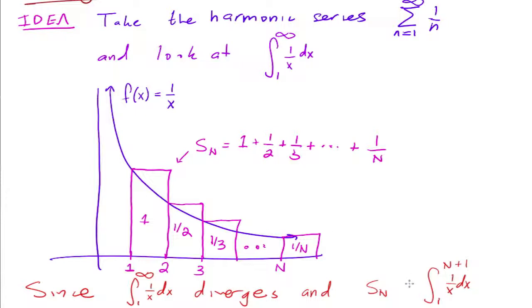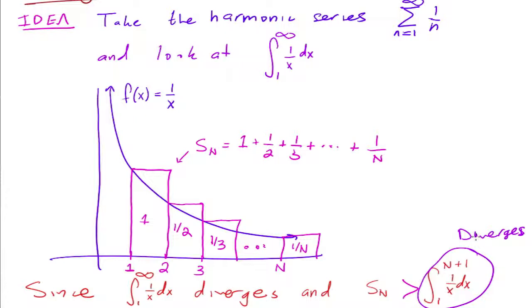So this one right here diverges, I already know that, as n goes to infinity. So then the other one that's greater than that, what has to happen with that one? Yeah, it has to diverge as well, right?